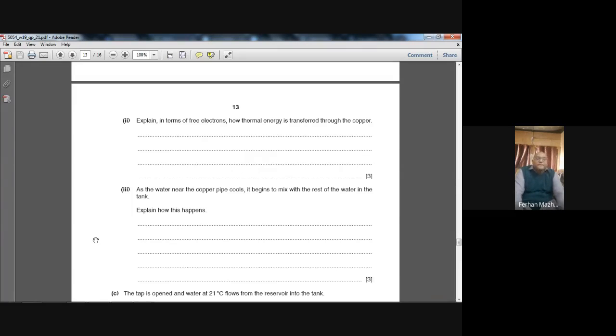So in this way, the heat is transferred from the hot end of the copper to the cold end of the copper by the free electrons. This process is also called free electron diffusion.